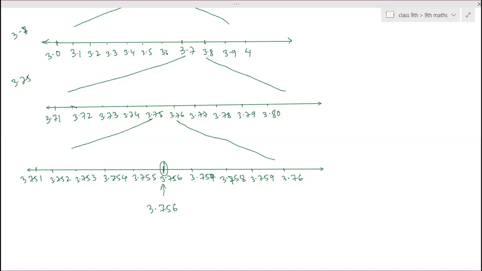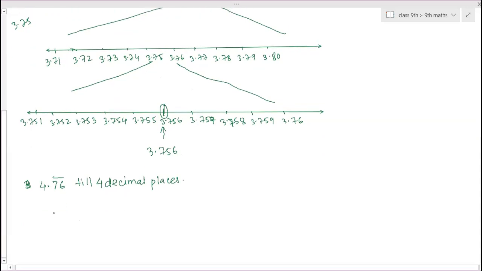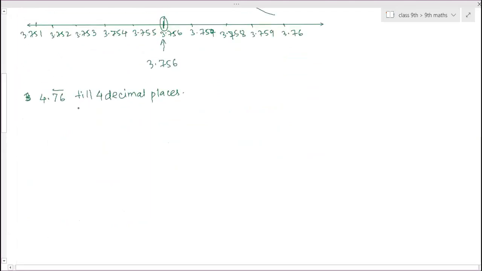Next, in the same way, terminating and non-terminating but recurring decimals. Till 4 decimal places you have to show the representation. Suppose we take 4.76 bar, till 4 decimal places. 4 decimal places means how much we have to show? 4.76 gets repeated, so 4.7676.